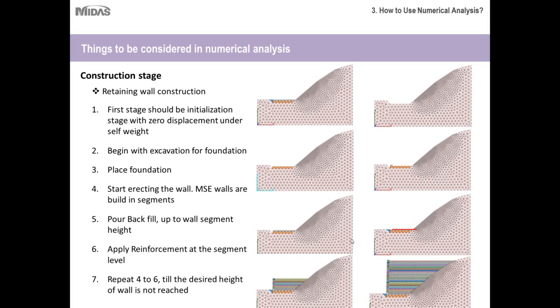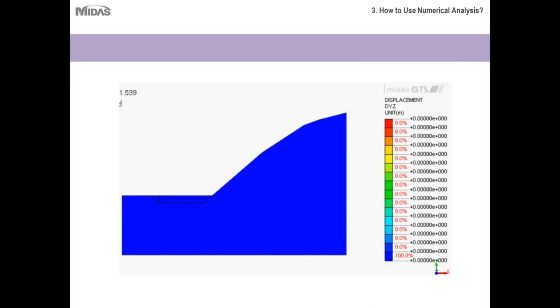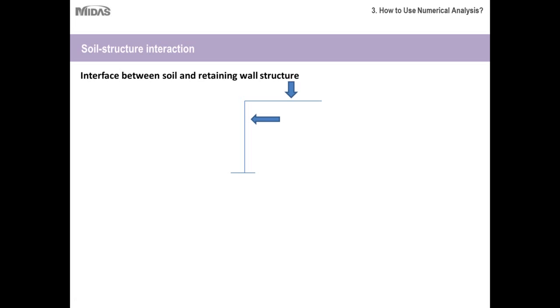Now after doing all this hard work, you would definitely like to see how it will affect your outcome or the results. So for this, I have recorded the animation of the results under the construction staging.